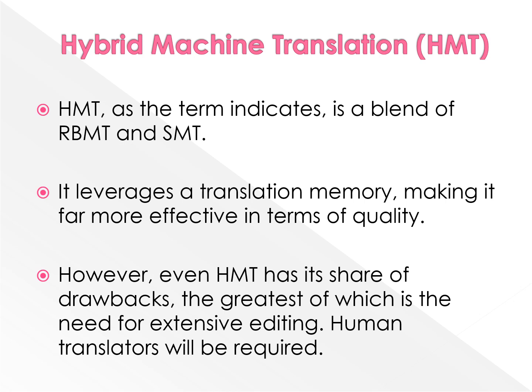However, even HMT has its share of drawbacks, the greatest of which is the need for extensive editing. Human translator will be required. So again, do not solely depend on the result of machine translation if you want to have a good and effective translation. Human translation is still needed.